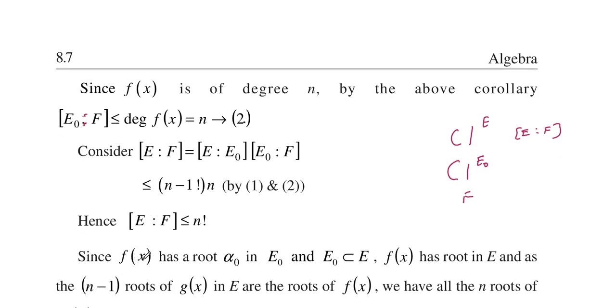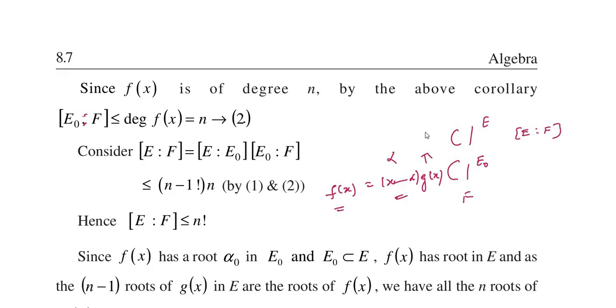Now since f(x) has a root alpha in E naught, and E naught is contained in E, f(x) has a root in E. And the n minus 1 roots of g(x) are in E. Since f(x) is already written as (x minus alpha) times g(x), the roots of f(x) are one from this, namely alpha, and the others from g(x).